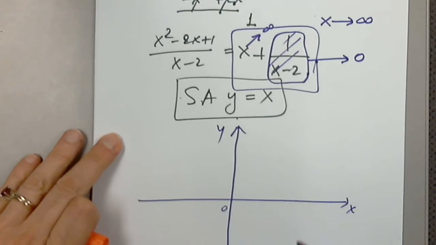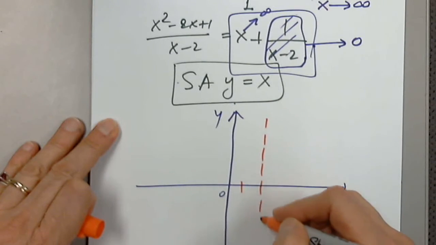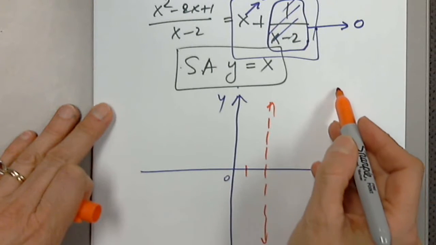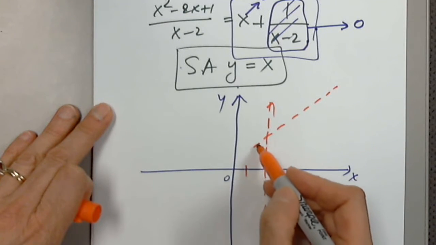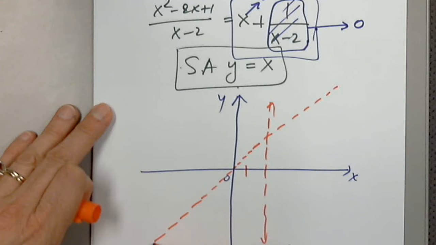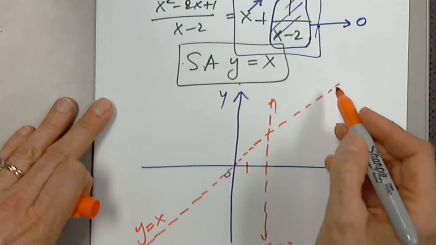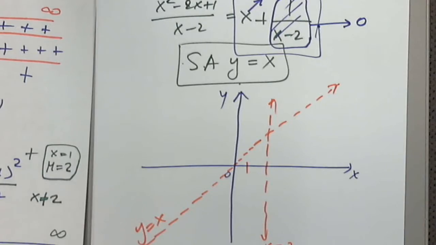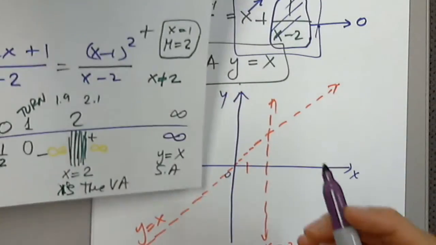So this function has x equals 2 as the vertical asymptote, and it has y equals x as the slant. Good.